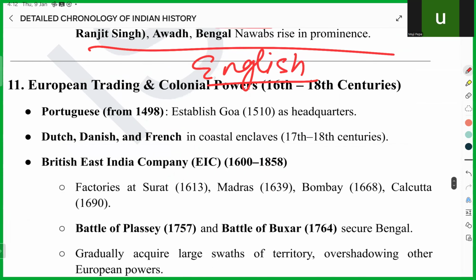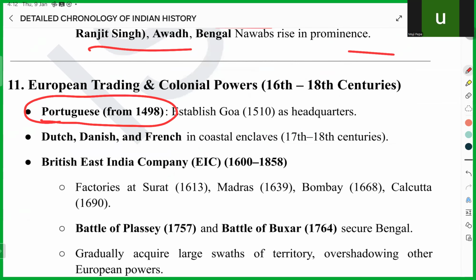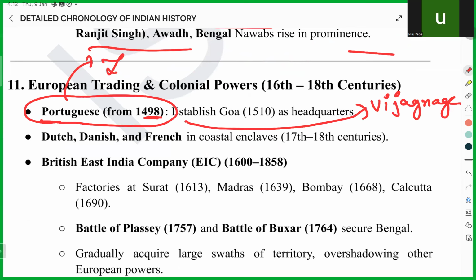अब यहां पर आप देखिए कि यूरोपियन पावर्स में सबसे पहले कौन आया था? पोर्चुगीज आए थे 1498 में. एंड दिस वाज ड्यूरिंग द टाइम ऑफ द सेम पीरियड ऑफ विजयनगर एम्पायर. एंड कैलिकट में जैमोरिन था. जैमोरिन.